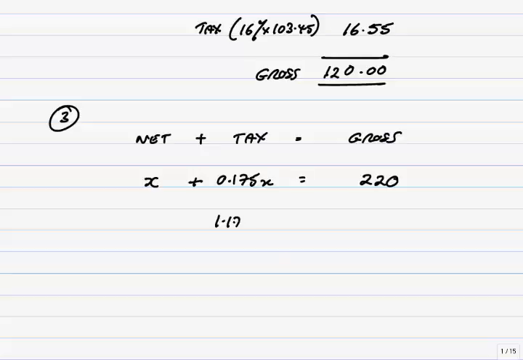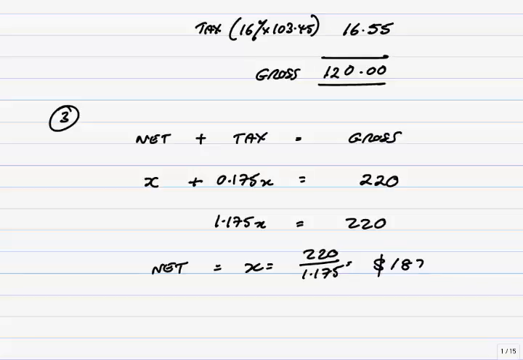Therefore 1.175X is $220, and X, the net price, is $220 divided by 1.175. You should have got, therefore, again to the nearest cent, $187.23.